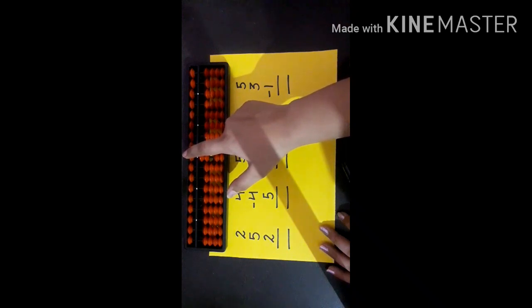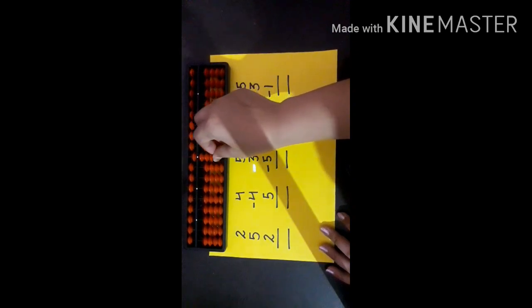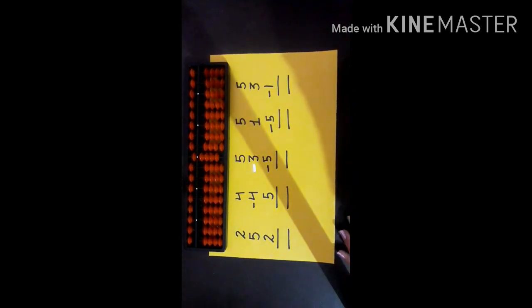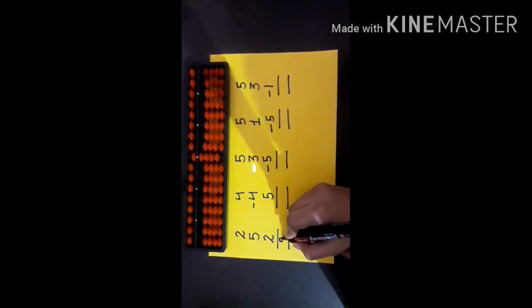And for adding 5, you have to put this bead down. See, I have added 5. Now you have to add 2. 1, 2. Now student, count this. See, it is 5, 6, 7, 8, 9.